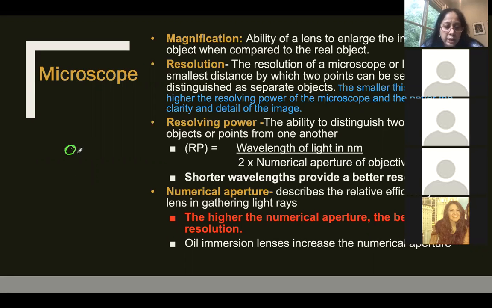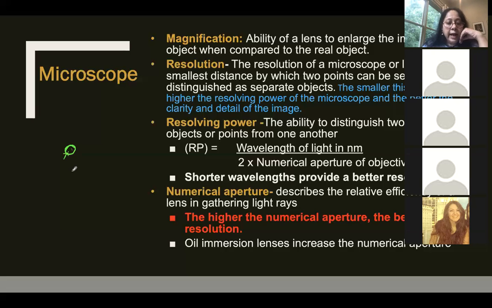One is DNA, one is RNA. But over here, if I say this is the DNA and this is the RNA, on this side it looks like just one object. Why? Because those two objects, the DNA and RNA, are so close that my eye cannot differentiate them. My eye cannot find the distance between those two objects.